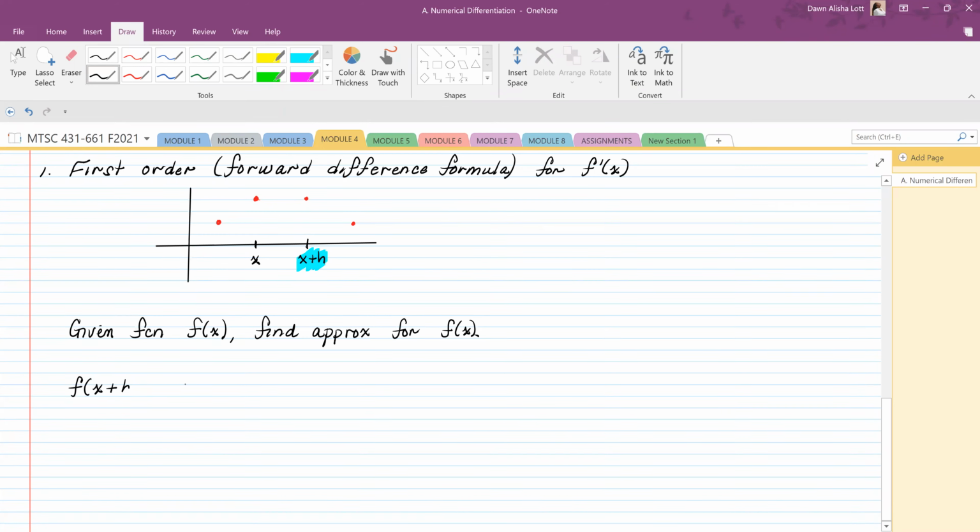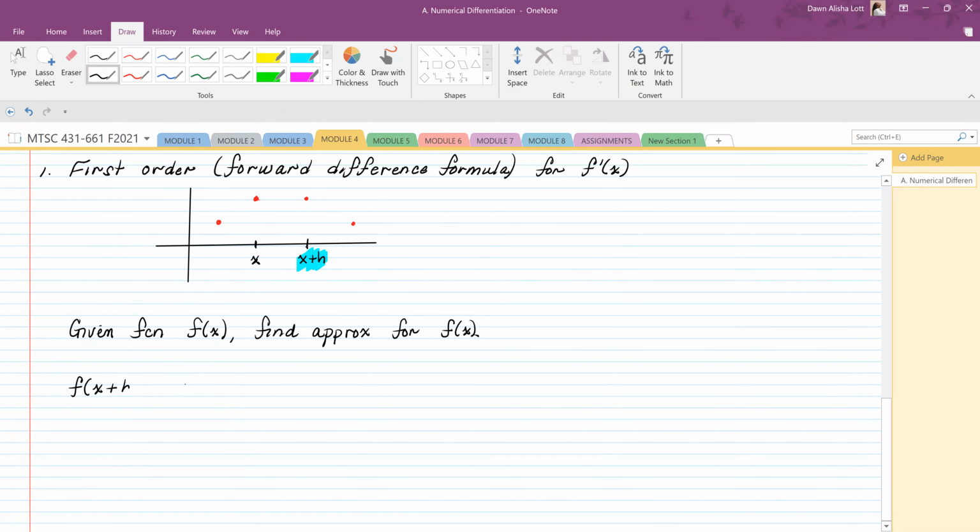When I do this, I know that I want to be able to solve for f prime, and I don't care if I have these other things in my equation.